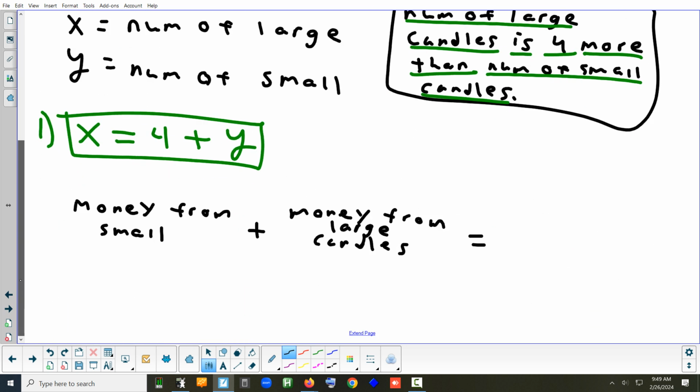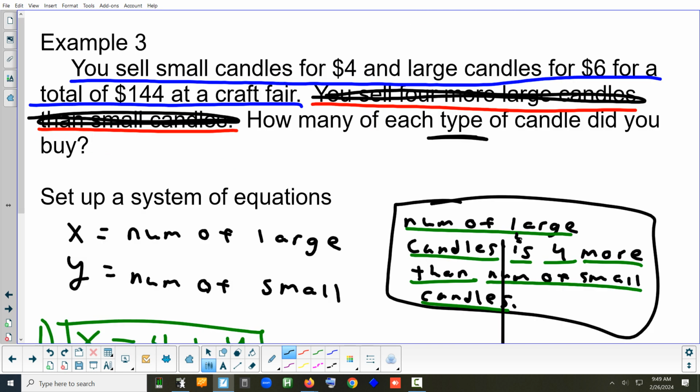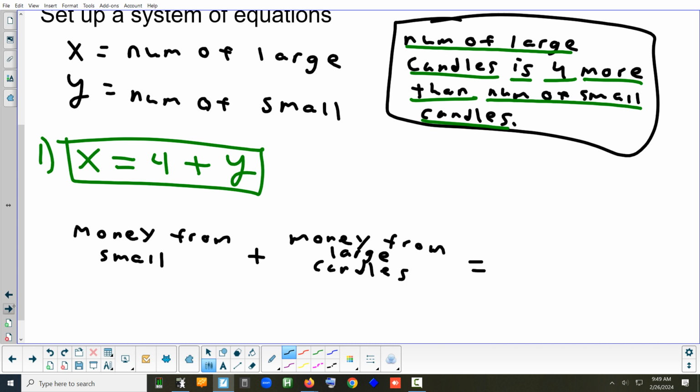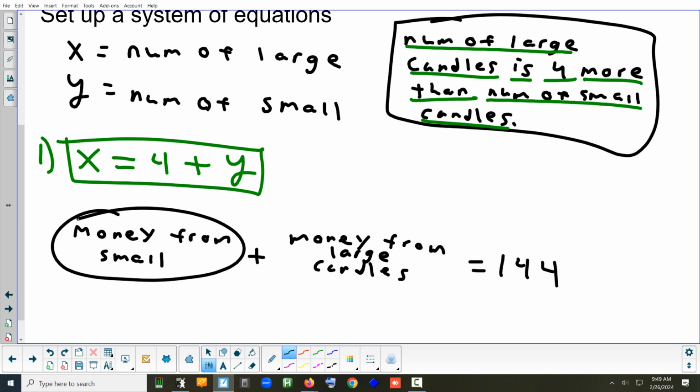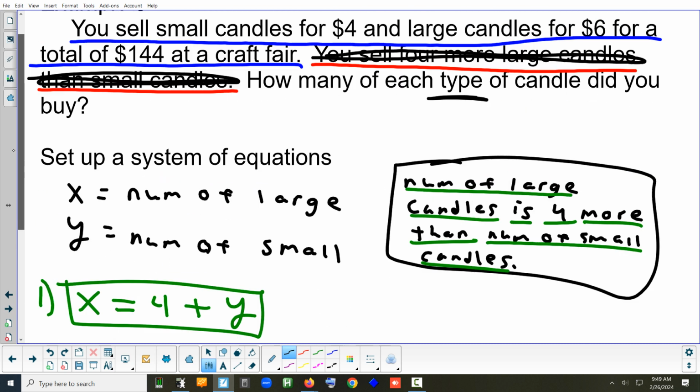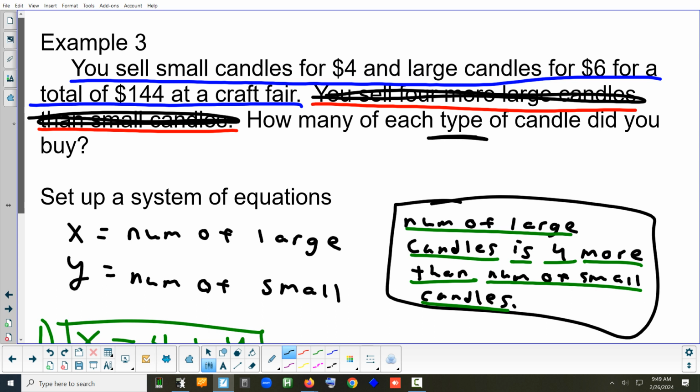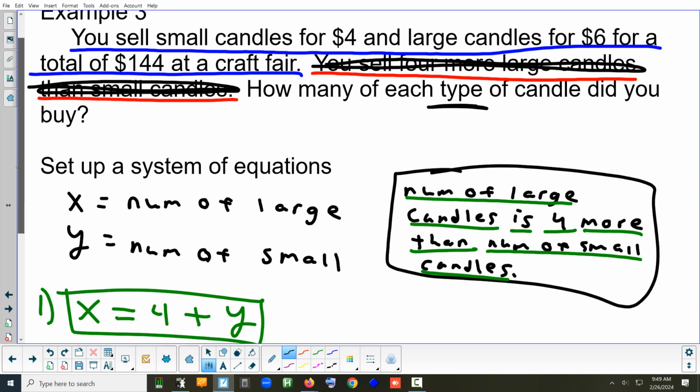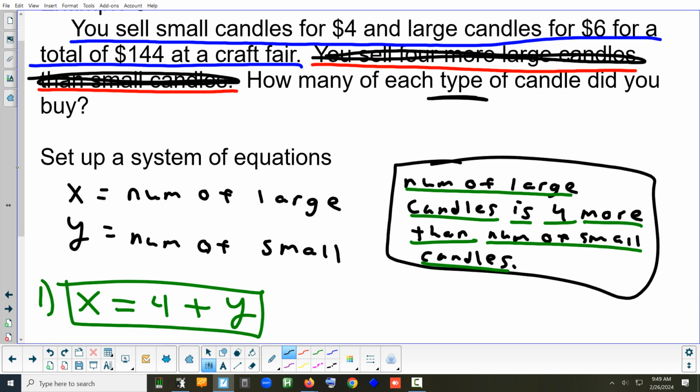We sold 2 types of candles. Alright. So now we're going to figure out money from small candles. How much is each small candle? $4. And what if I said to you, you sold 5 of them?